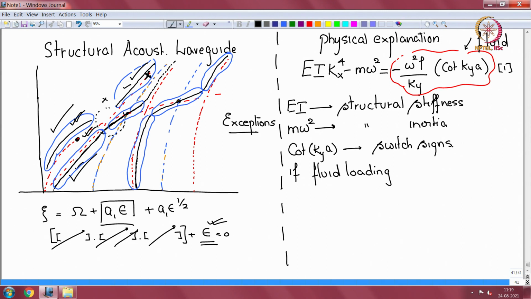Okay. If the fluid loading term, that means along with the sign, is positive, then it comes to the left side. When it is transferred to the left side, it becomes negative, and it adds to structural inertia. That means the fluid behaves as inertia.